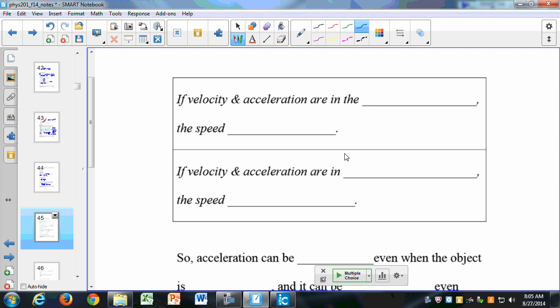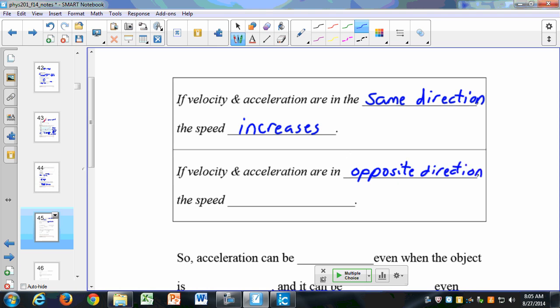If the velocity and acceleration are in the same direction, the speed increases. If the velocity and the acceleration are in opposite directions, the speed decreases.